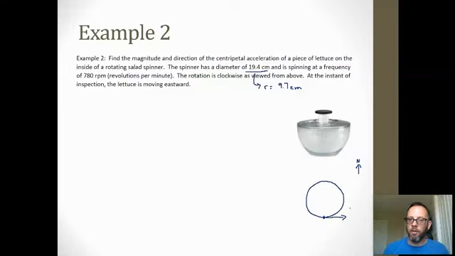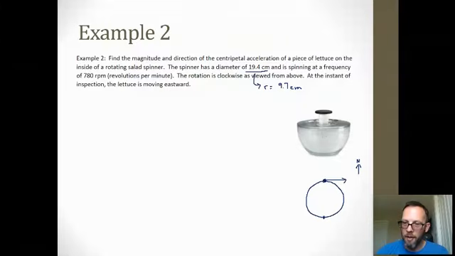So question to you before we even begin any calculations: if that's the way the lettuce is moving at that time, and it's moving clockwise, which means it's at the top moving east.